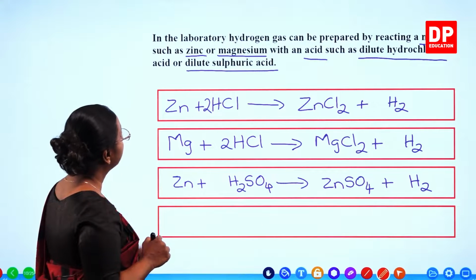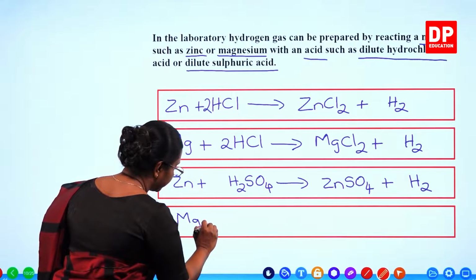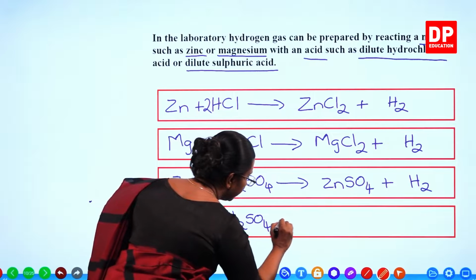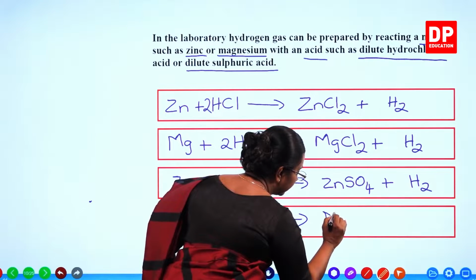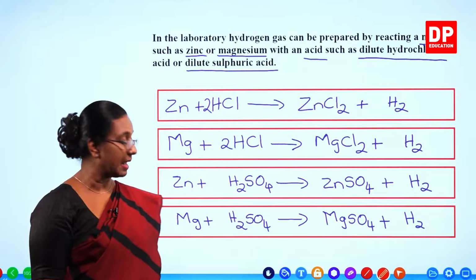The same way, if we take magnesium and dilute sulfuric acid, you will get magnesium sulfate, MgSO4, and H2 gas. So here also the reaction is already balanced.